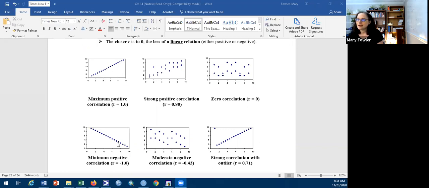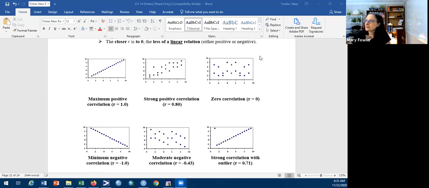And if the data is perfectly laid out on a straight line with a negative slope, then R is equal to -1, and that's going to be the lowest value. So both of these are strong, maximum positive correlation and minimum negative correlation, right? So these are the strongest correlations.